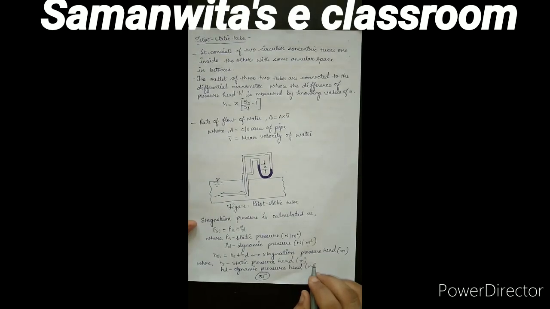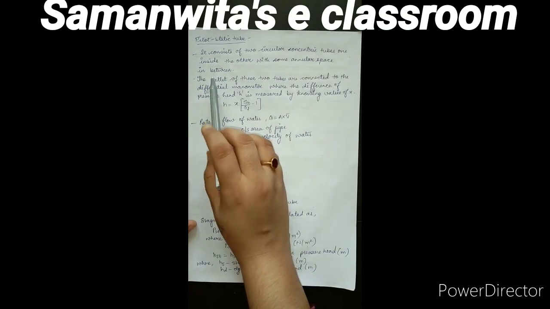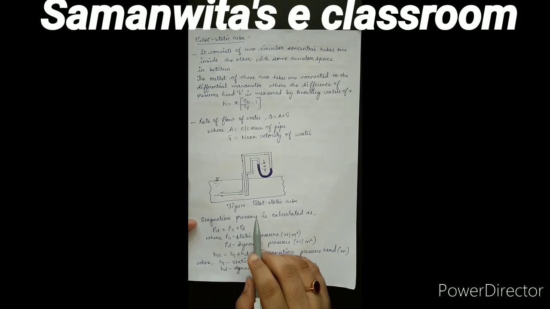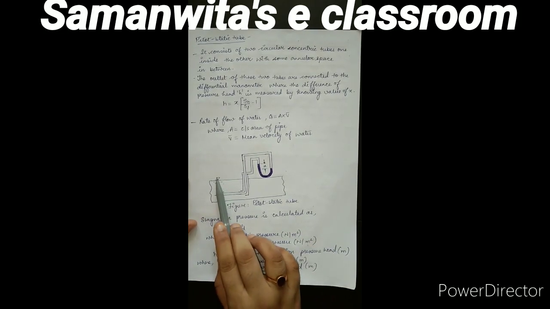You have just seen an example of a simple Pitot tube. There are few more types of Pitot tubes, in which the most important one or the most used one is called as a Pitot static tube. Now what is a Pitot static tube like? Suppose this is a pipe through which water is flowing. This symbol indicates free surface of water.